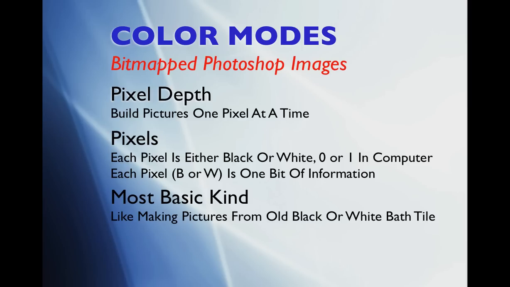And we need to understand about pixel depth. Because remember, with Photoshop type images, there isn't really a specific way to press a button and create a picture of a dog or a house or a car or a tree. You have to build it one pixel at a time.